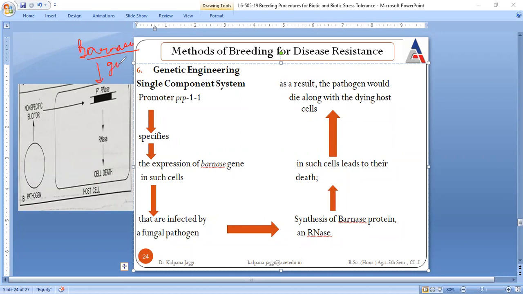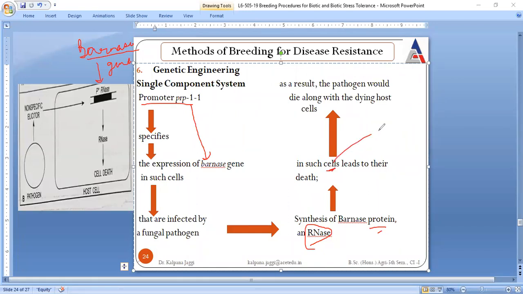The Barnase gene is activated. See, very first this promoter is going to be activated. The expression of this promoter will lead to the expression of the Barnase gene. This Barnase gene will produce the protein that is said to be RNase, that is the toxin itself, and it will lead to the death of the cell, right? Which cell?